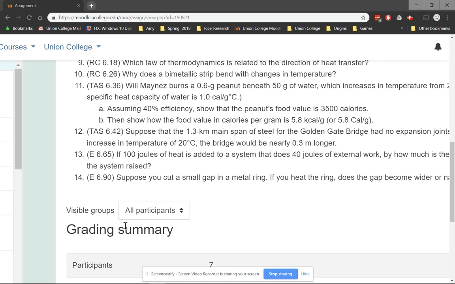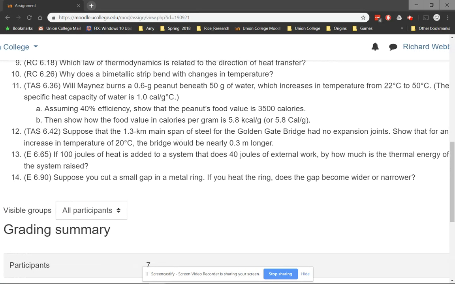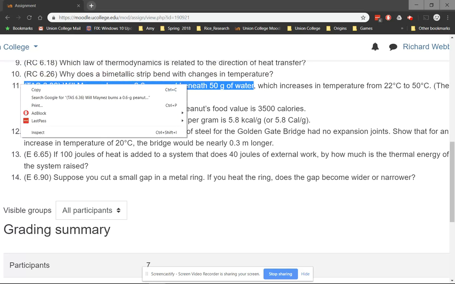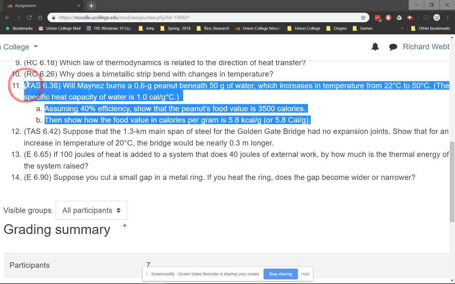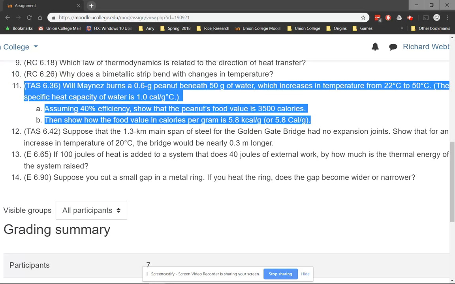I don't think I can copy and paste very effectively here. Which one are we doing? Number 11. Which is what, 36? Yes. Was it 36 or 49? Because in the book, wait, what homework is this? The one that's due today. So I think I did the wrong homework.